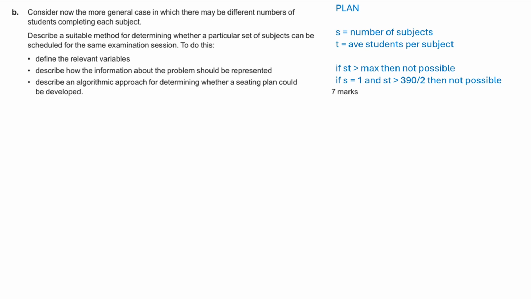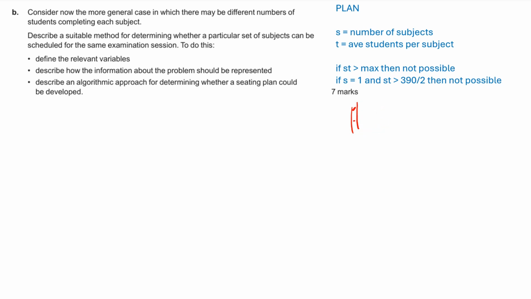And we can define, I mean, I've mentioned here, if you only had one subject and the number of students was more than half of the number of seats, then it couldn't possibly be done. Because you can imagine a sort of checkerboard situation. If we had only one subject, they'd have to all be separate, like this.